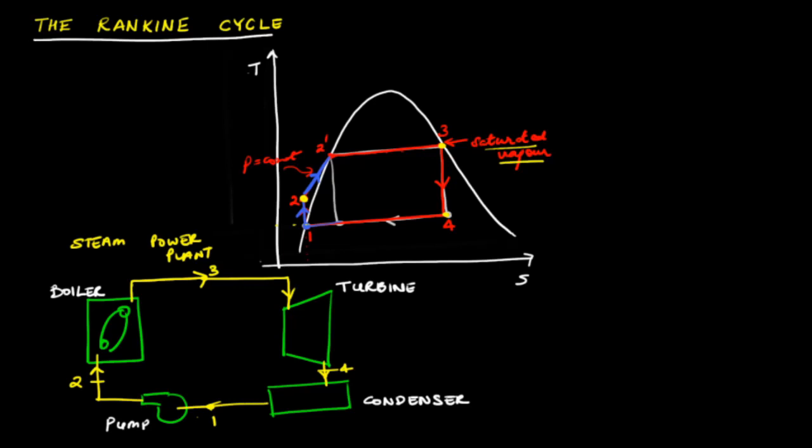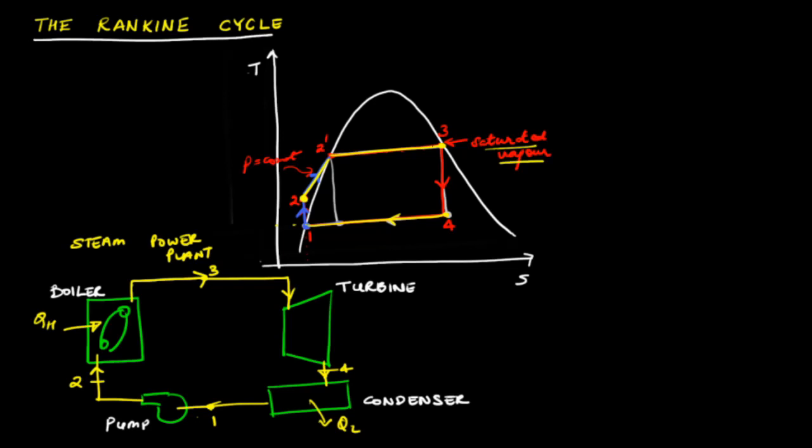And thereafter, in the condenser section, heat transfer takes place at a constant pressure during condensation, and heat is rejected, whereas heat is absorbed in the boiler at constant pressure from state 2 to state 3.